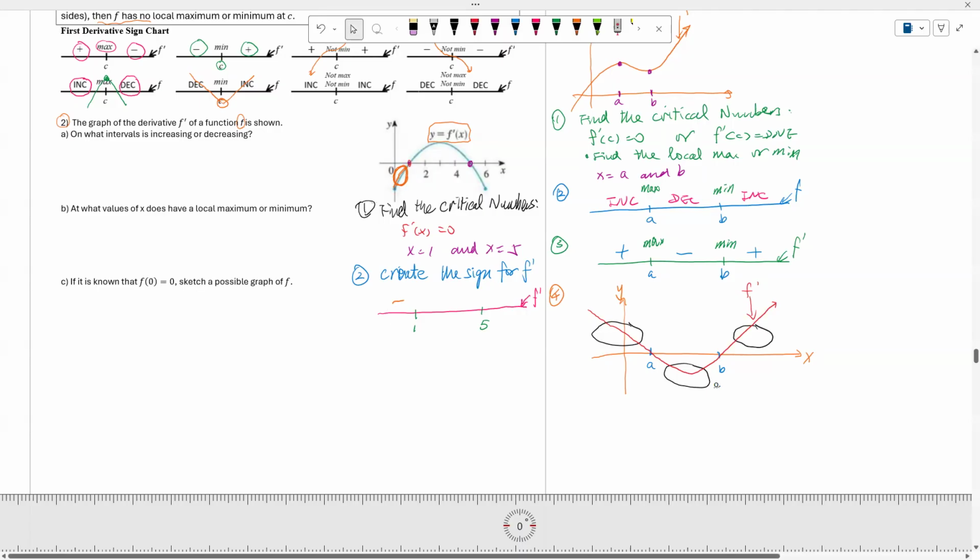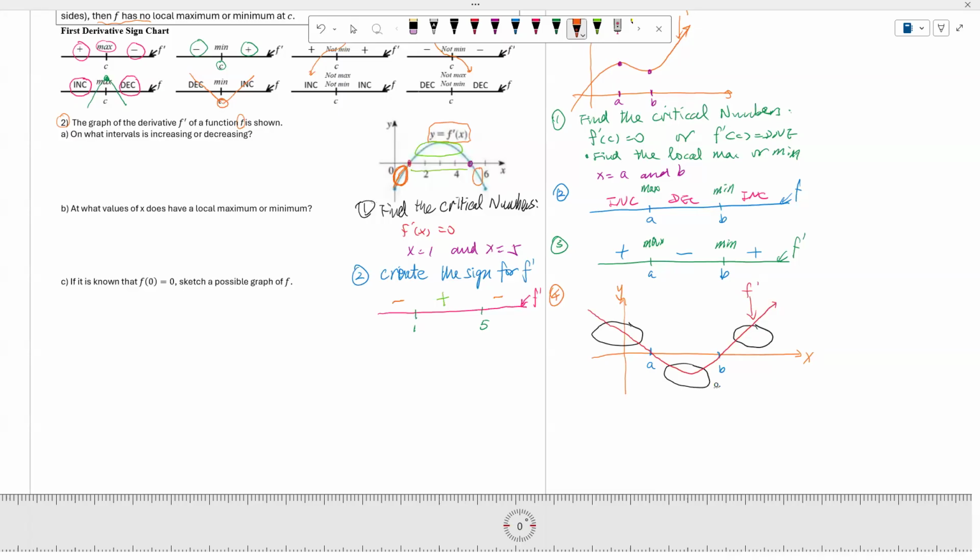And now between 1 and 5, the F prime is above the x-axis. So that means this is positive right here. And again, it is below the x-axis between 5 and 6. So it is negative. Okay.